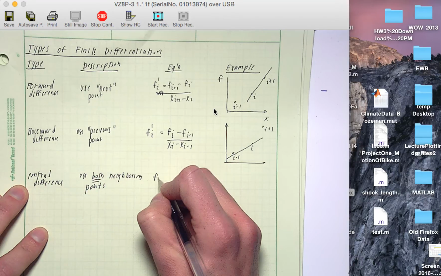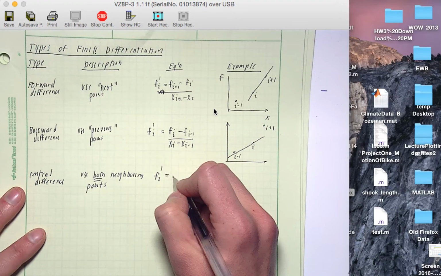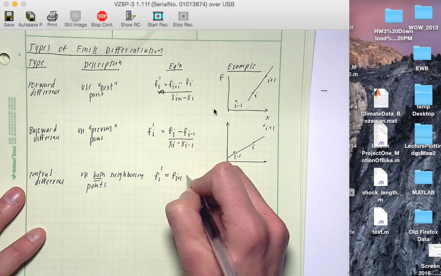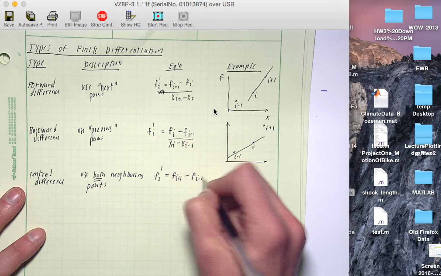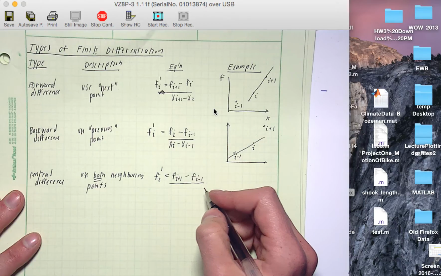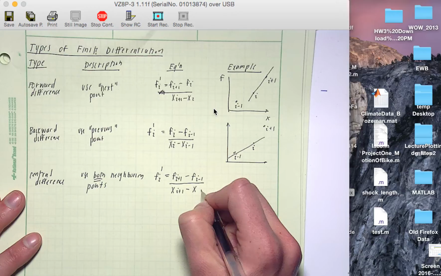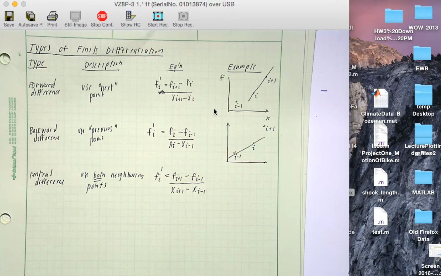So if you're calculating the derivative at point i, you are going to use the point in front of it, and you're going to subtract off the point behind it. So it spans 2 grid cells. So instead of dividing by h, a central difference would divide by 2h because it's going through 2 spots.